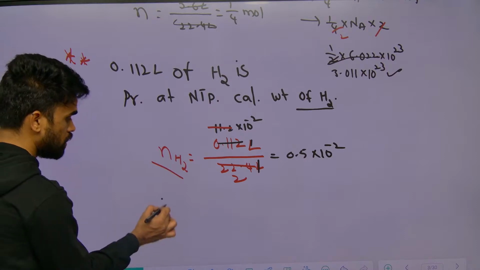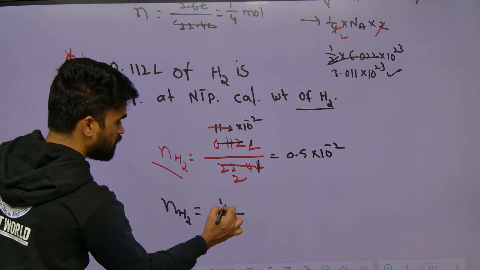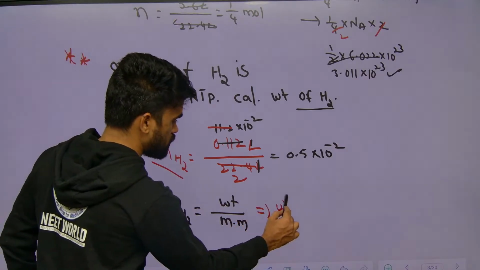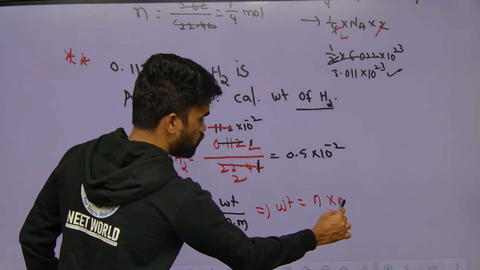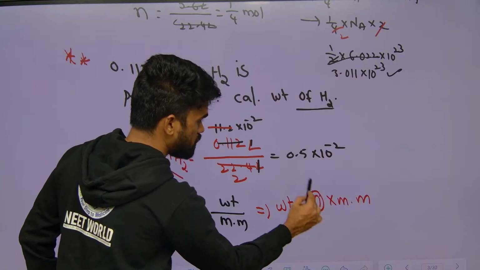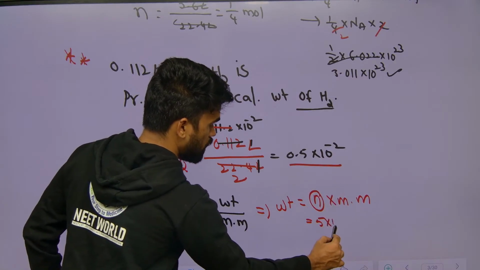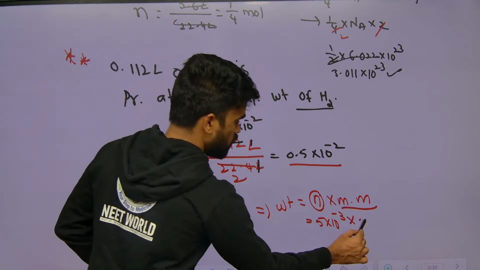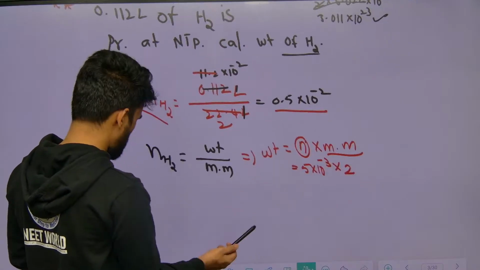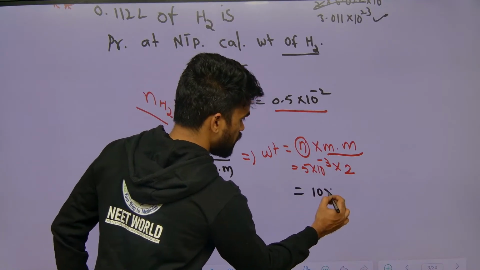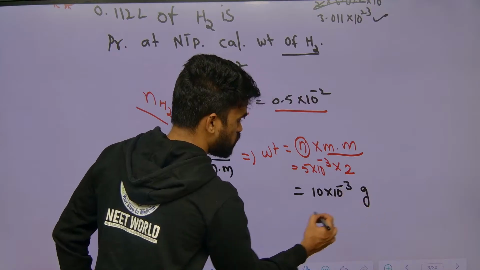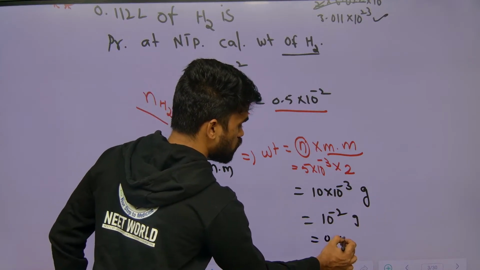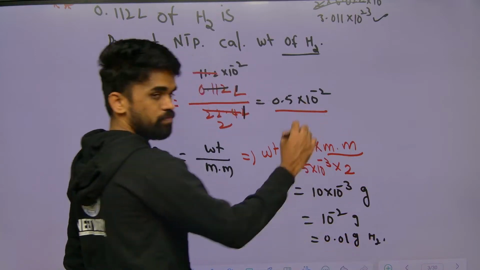Number of moles we got. Number of moles is equal to given weight by molar mass. From this, weight is equal to number of moles into molar mass. So number of moles are 5 into 10 power minus 3. Molar mass of H2 is 2. 5 2s are 10, so 10 into 10 power minus 3. This many grams we got. I can write it as 10 power minus 2 grams or 0.01 gram of H2.